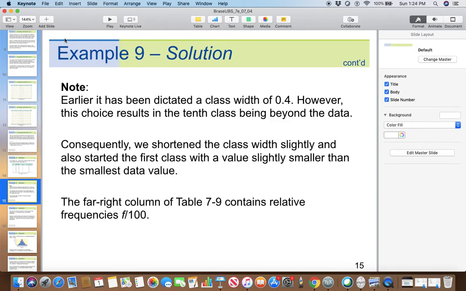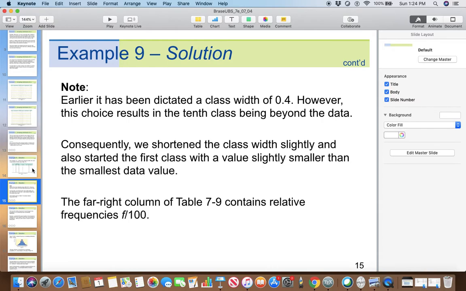Earlier it had been dictated a class width of 0.4. Initially, when you calculate, you expect a 0.4 class width. However, the choice results in the 10th class being beyond the data. So consequently, they reduce the width slightly.